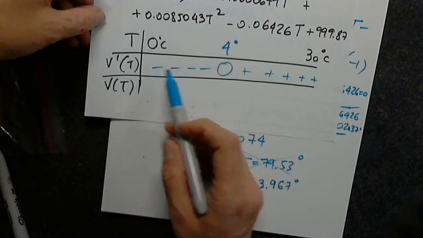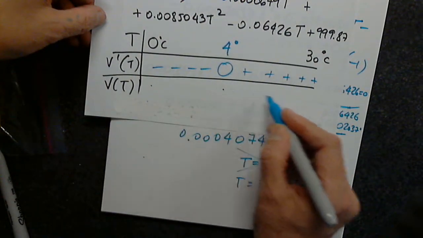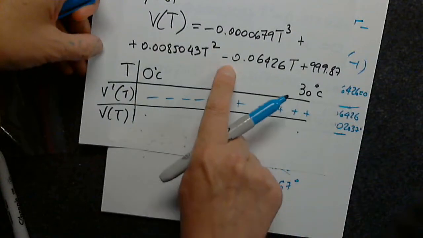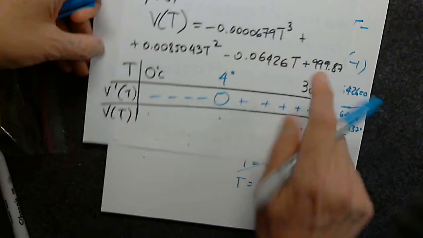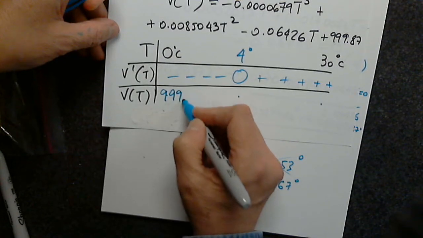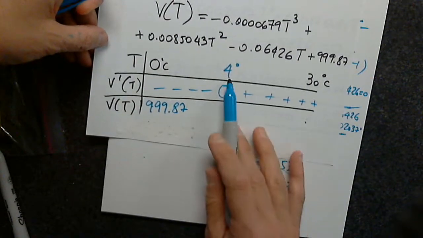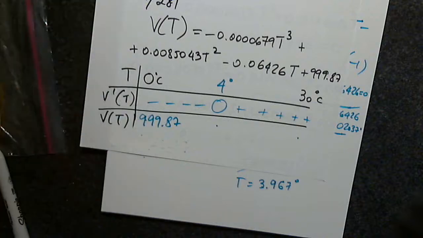Now I have to plug in 0, 4, and 30 in the original function, which is this ugly thing. Well, when I plug in 0, I have no problem, it is 999.87. When I plug in 4 and 30, I have no clue what's happening there.